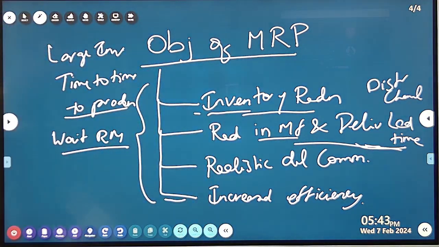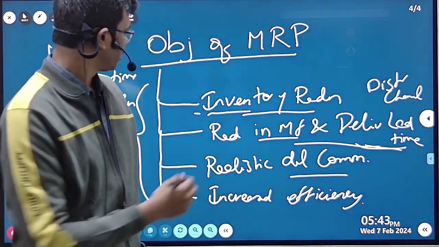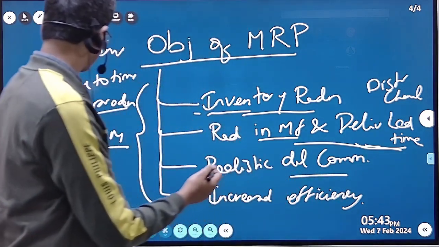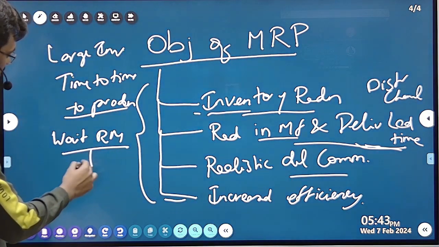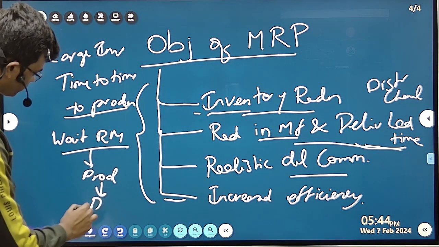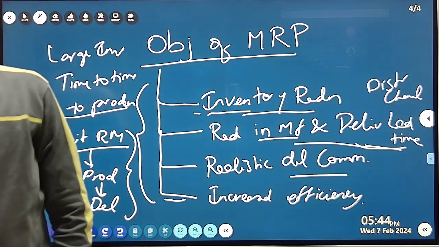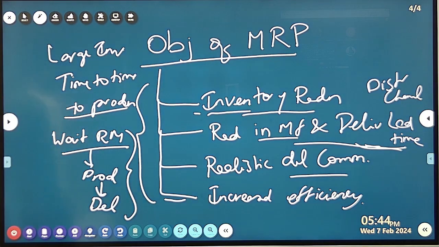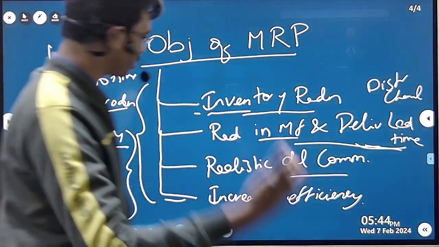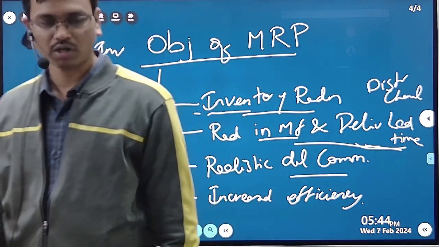Okay, and realistic delivery commitments. Because we have planned the entire process from raw material to production to delivery, we have a realistic timeline. So we are not overselling or underselling to our customers, saying that we will deliver it to you 10 days before the time. We will not be doing that.